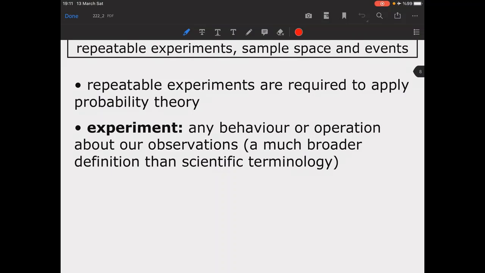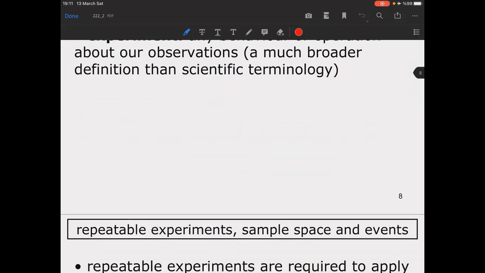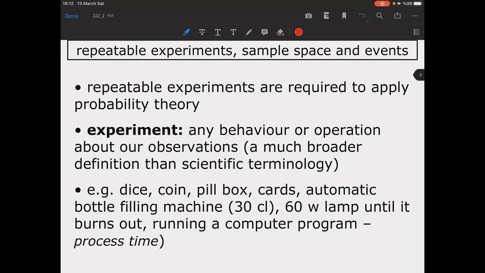We're not talking about drug research or anything sophisticated; anything can be an experiment in this sense. For example, rolling a die, tossing a coin, drawing some pills from a box full of pills, or drawing cards from a deck of cards. Or consider an automatic bottle filling machine which fills bottles with water, for example, 30 centiliter size.